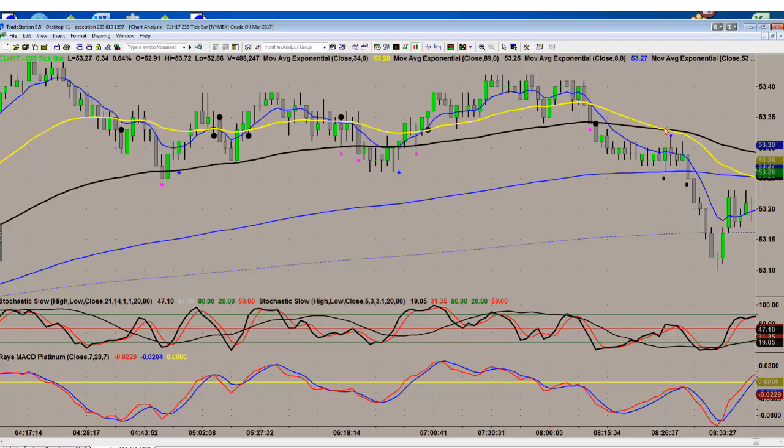Granted, most of the time, if you have a price start to move down early in the trend, you're going to see the MACD generally get below zero, depending on the setting that you use at your platform.